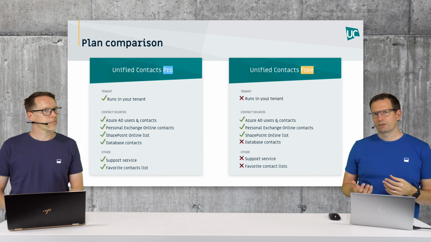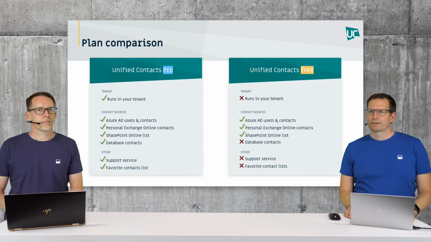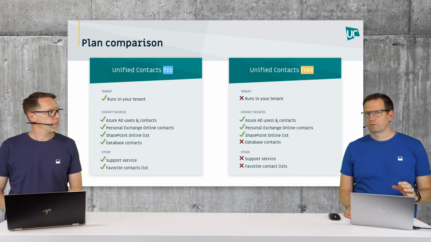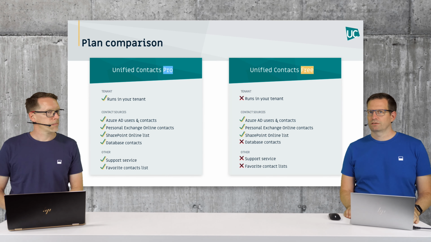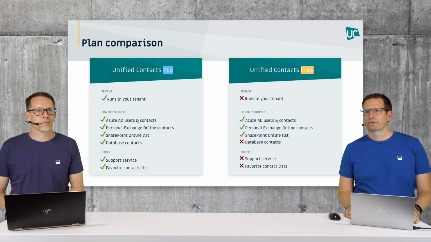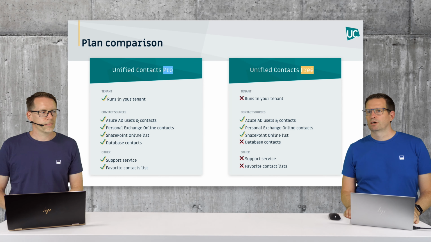You can also find it in the App Store from Microsoft Teams. And also here the big change, because in the past SharePoint Online lists were not supported by the UnifiedContacts 3 edition, but now it is supported. You can use SharePoint Online lists to manage your contacts, and you will find them in UnifiedContacts 3 edition too.